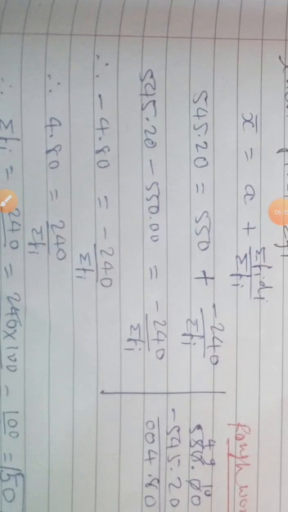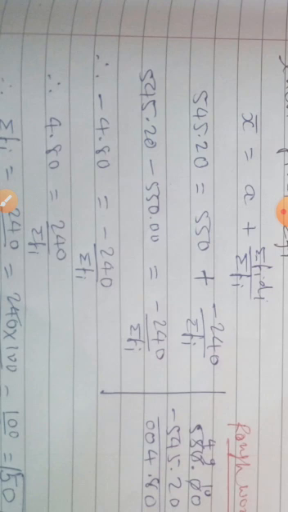A is shifted first of all towards the left side. So 545.20 minus 550.00. Again the same rule applies here. Two decimals in one number, so the integer also should have two decimals.